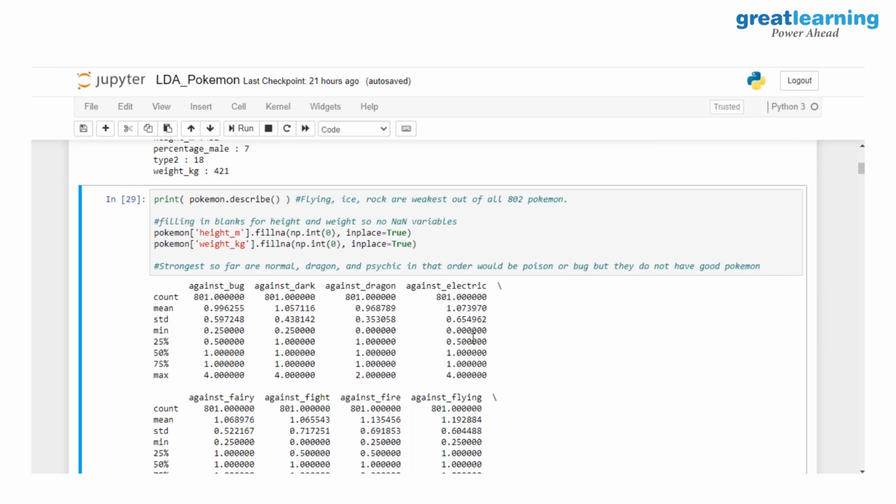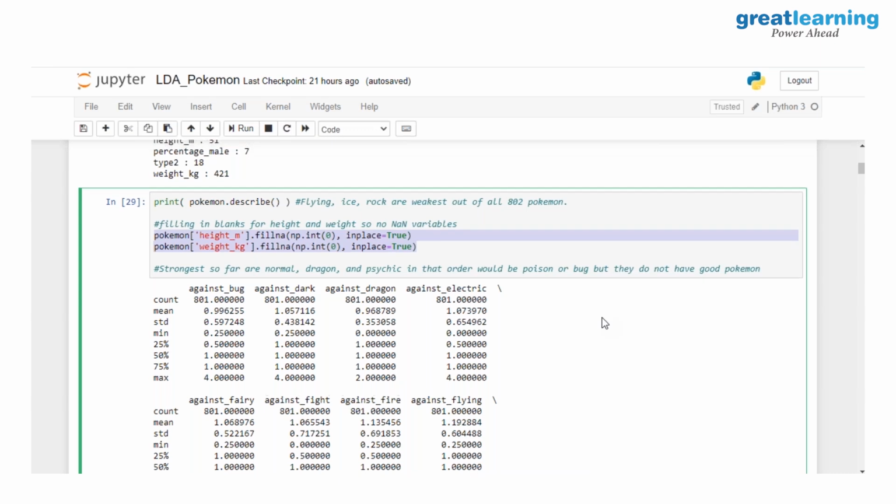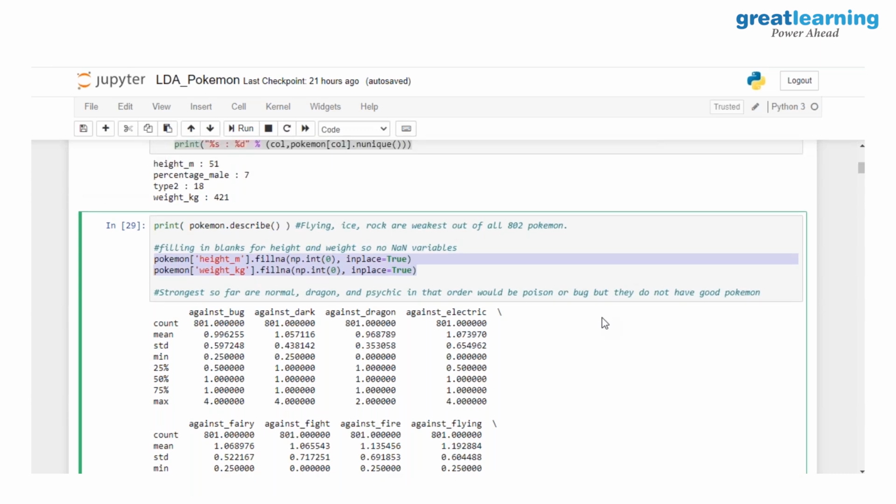Can we find out certain important components from these basic numbers? And we try to fill in the specific variables here. You can see for the height and weight, we filled in the non-applicable or the null values. So we were trying to be sure of that. We should not find any kind of discrepancies, at least from the height and weight features, and we filled it up with the integer.